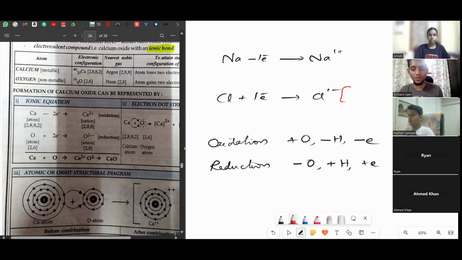Removal of hydrogen, removal of electrons. So for chlorine, what's happening here? There's addition of electrons, which means reduction. And here, removal of electrons is oxidation. Okay, write this down.